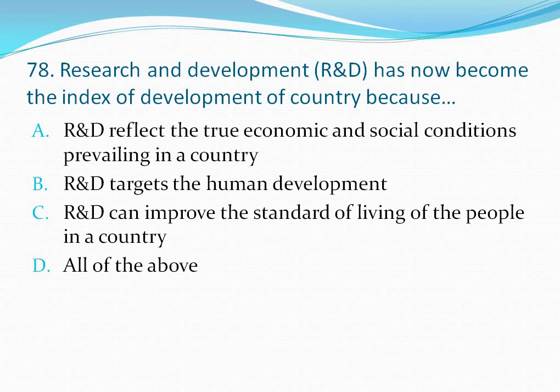So the correct answer is option D, all of the above. R&D reflect the true economic and social conditions prevailing in a country. It also targets the human development, and it can improve the standard of living of people in the country. Let's move to the next question.